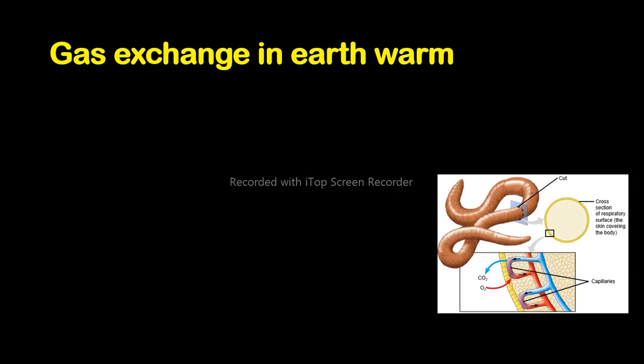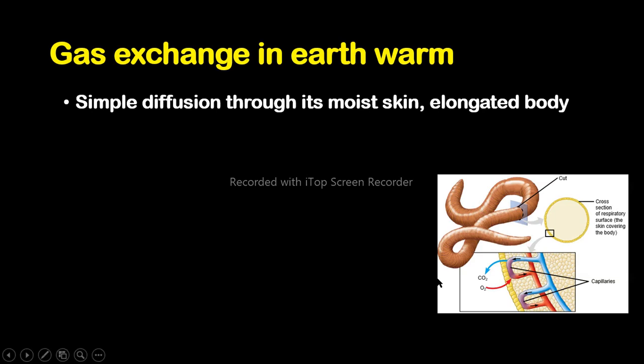Why? It's because of the mode of gaseous exchange, the mode of obtaining these respiratory gases. Earthworms carry out gas exchange by simple diffusion through their skin.